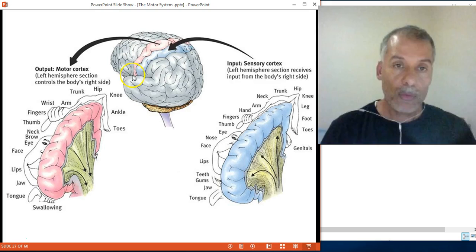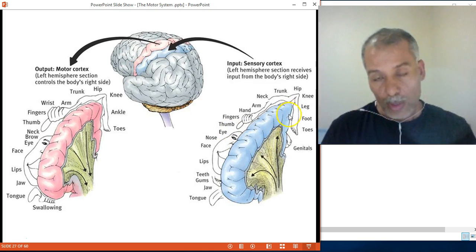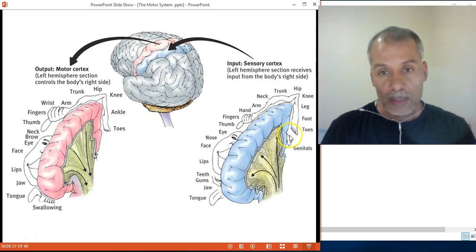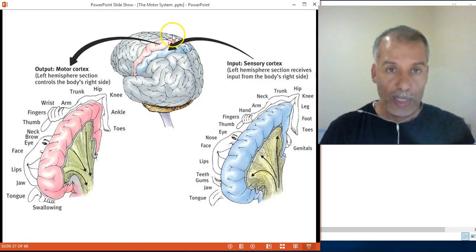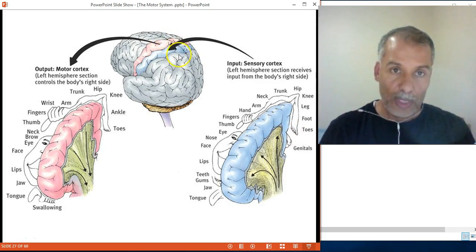If you have a coronal cut, you could see now the sensory homunculus, that image of that little man sitting there, and you can see this area here between the hemispheres.